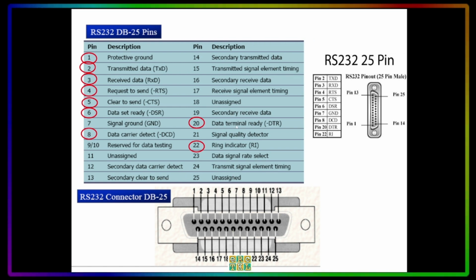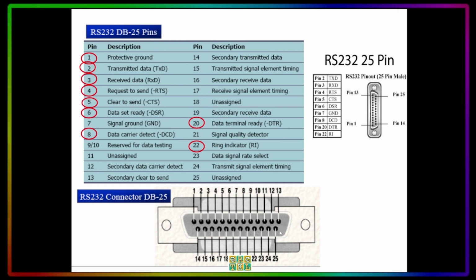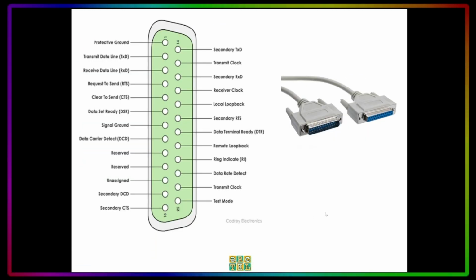This is what the RS232 DB25 pins look like. And you will notice that if you look closely, this is similar to what we used before for our printers, the old printers that we were connecting to our computer. Now again, this is the actual picture of a male and female RS232 connector.